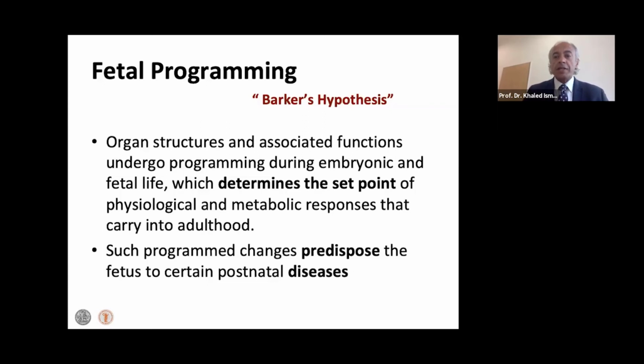This change seems to be the predisposing factor for these individuals developing the diseases I mentioned previously: cardiovascular diseases, metabolic disorders, as well as endocrine disorders that do not seem to manifest themselves till later on in life.